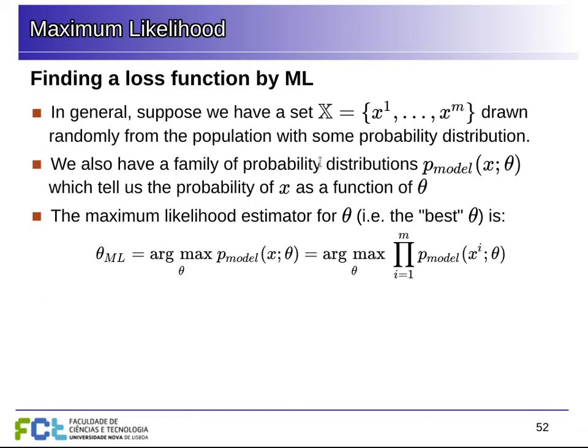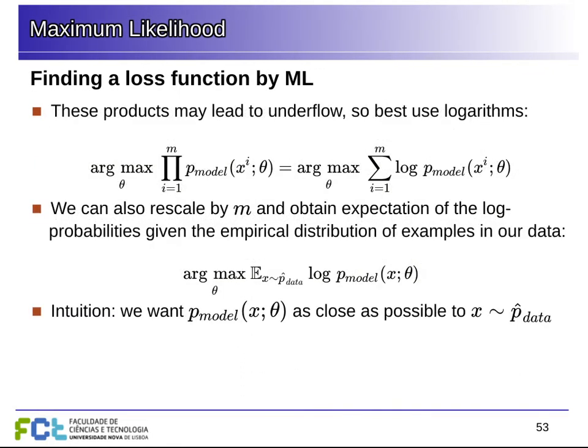So the maximum likelihood estimator for our parameters is the set of values of our parameters that maximizes the probability of X, the data that we actually have. So we can change the parameters to make the data as probable as we can, and that is the idea of maximizing the likelihood. But we can also see this in a different way.